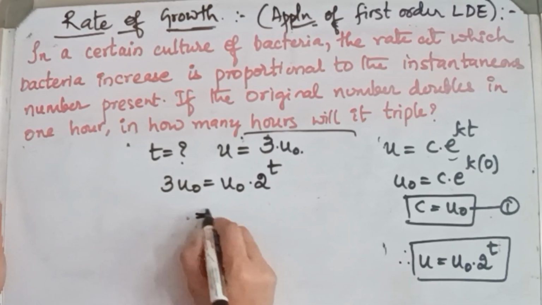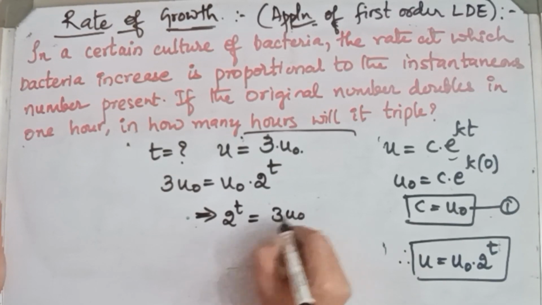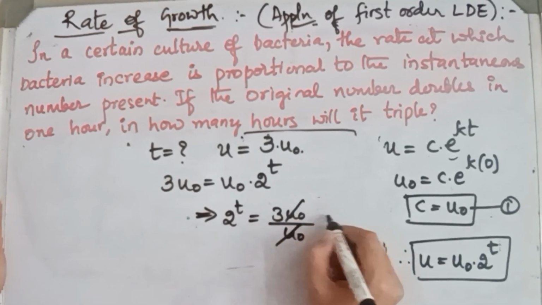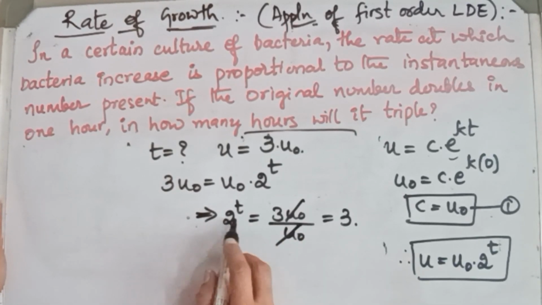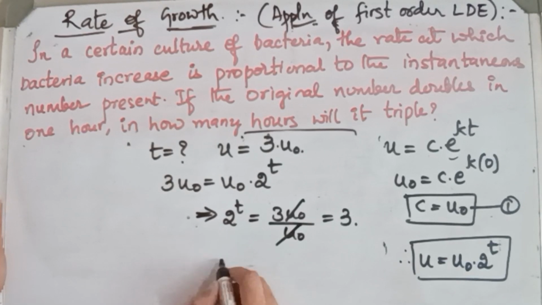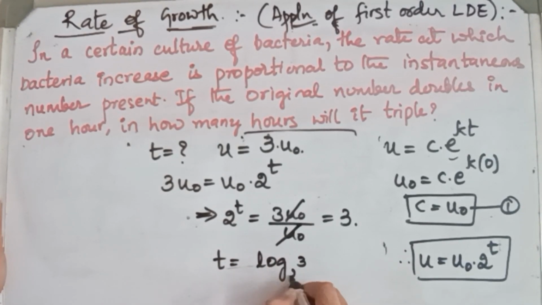So this gives you 2 to the power t equal to 3u naught divided by u naught, which cancels, and that will give you 3. So we take log on both sides, log to the base 2. So t equal to log of 3 to the base 2.